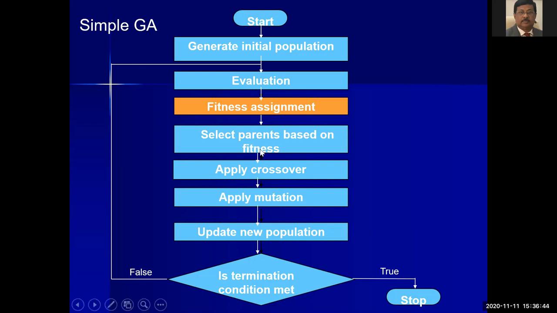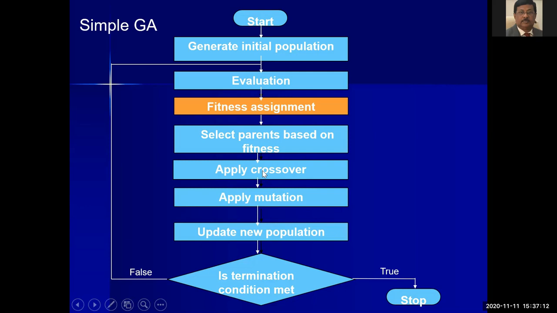So select parents based on fitness, that means reproduction. We need to apply a certain reproduction operator in order to complete this. Several methods are available for this selection process: roulette wheel selection, rank selection, sigma selection, and many other methods. After reproducing the parental strings, we have to go for crossover.